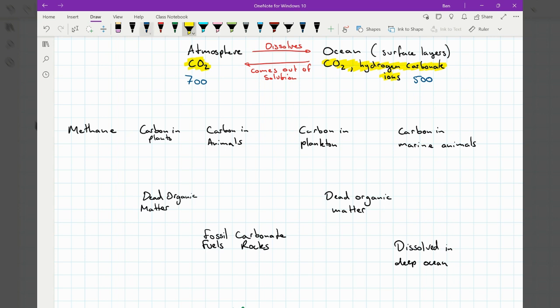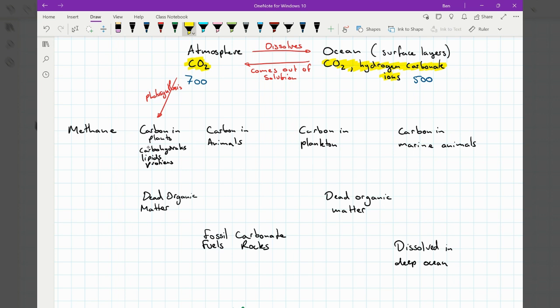So if we look at the sort of more terrestrial atmospheric processes we're familiar with, we have the process of photosynthesis, which converts that CO2 into carbon in plants, and that's in the form of things like carbohydrates, lipids, and proteins.